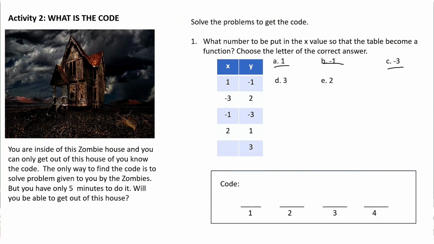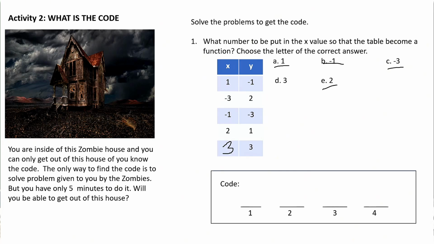Now, if we choose 2 as our answer, still there will be two 2s. So x equals 2 is not the answer in this problem. But if we choose 3 as our answer, there will be no repetition of the values of x.